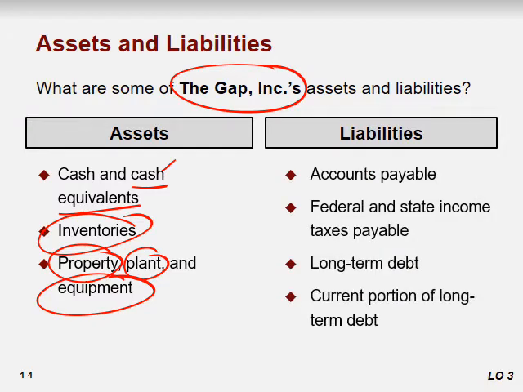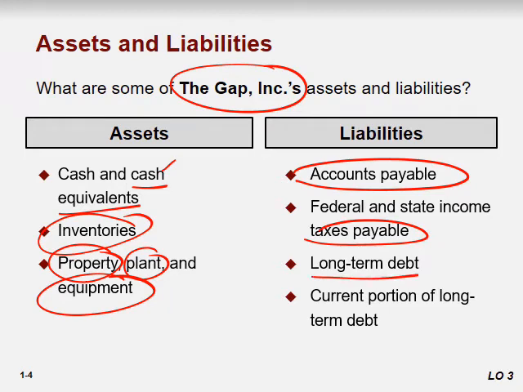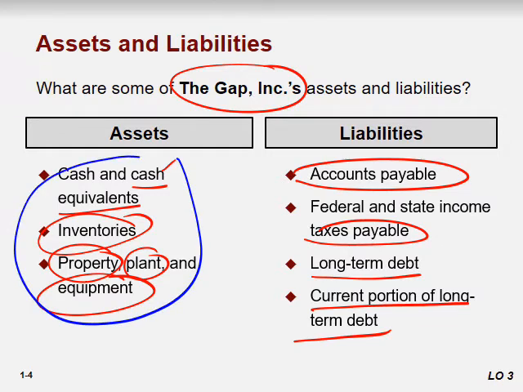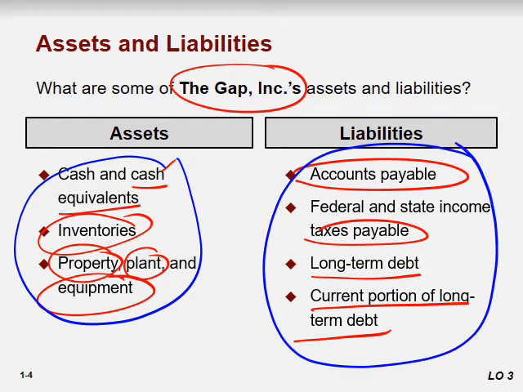The liabilities include accounts payable, federal and state income tax payable, long-term debt, current portion of long-term debt. If you just notice, assets are the business worth and liabilities are payables, which means payable to whom? To outsiders.